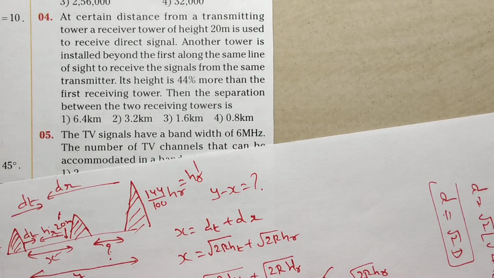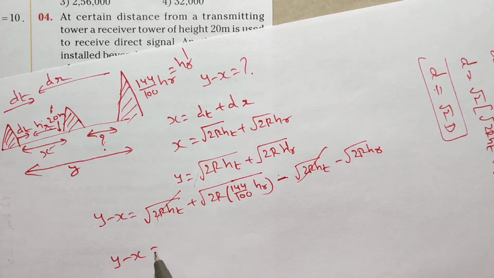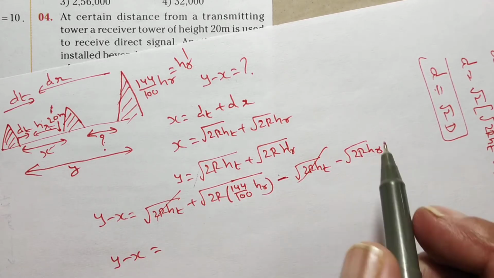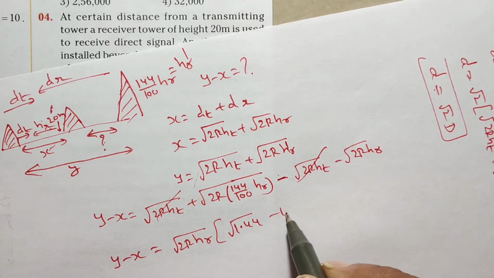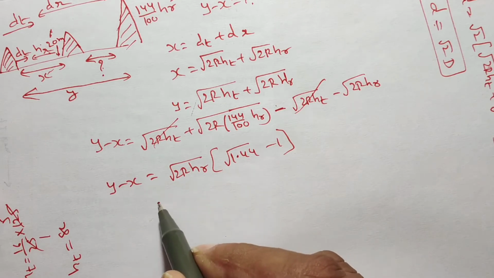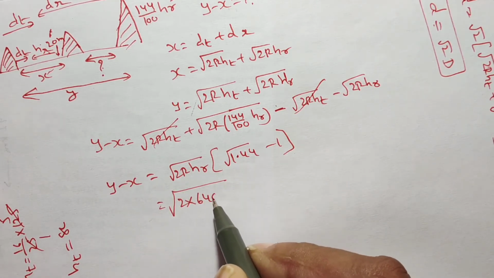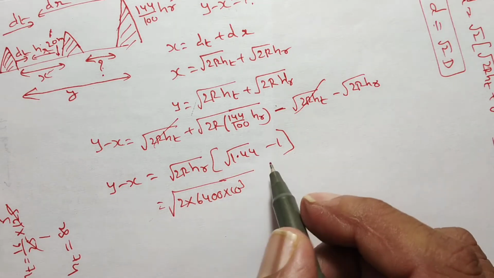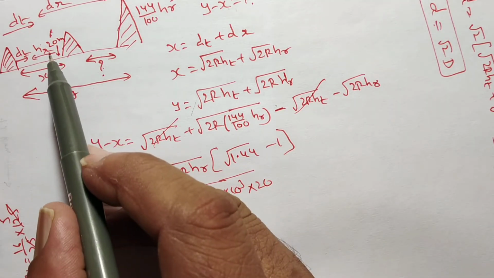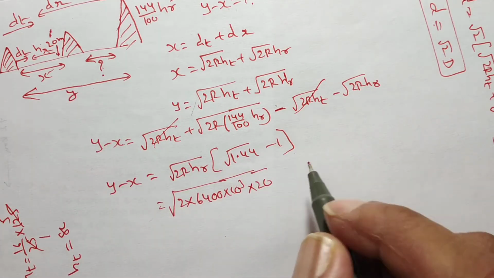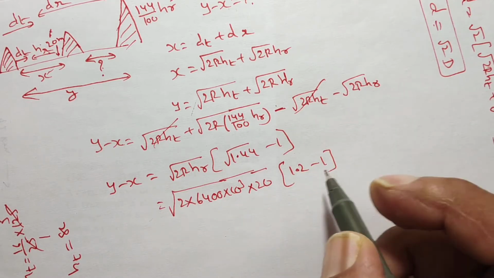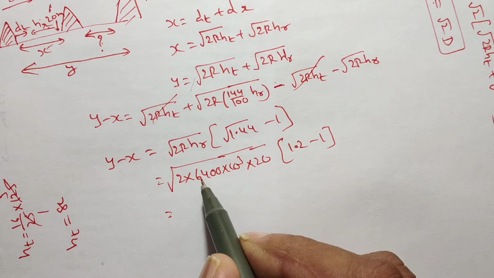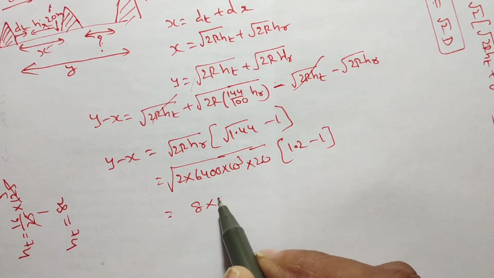Now we are getting y minus x is equal to, now I am taking square root of 2r hr outside, square root of 2r hr into square root of 1.44 minus 1. We are getting square root of 2 into r, which is 6400 into 10 to the power of 3, hr is 20 meters, into 1.2 minus 1. 64 means 8 and 2 into 2 means 2.